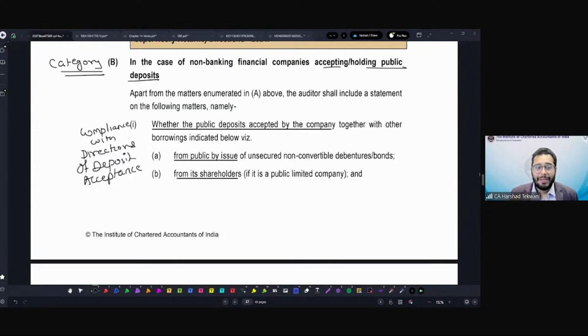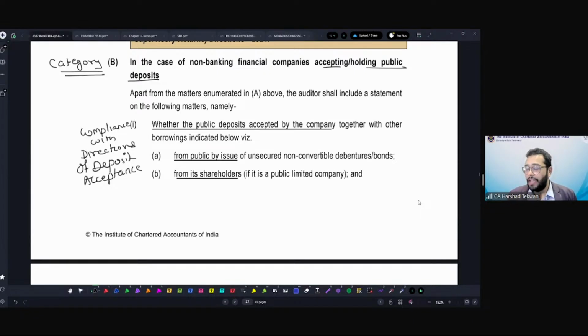I cannot accept deposits based on my whims and fancies. I have to follow a regulation. I have to decide a limit. A regulation specifies the limit. So when an NBFC accepts deposits beyond the limit, they have to return them.